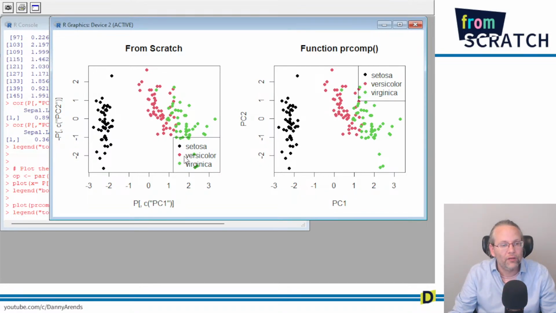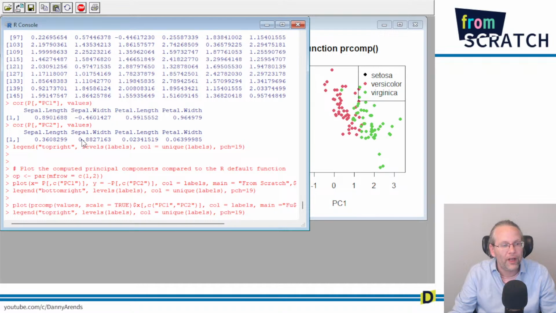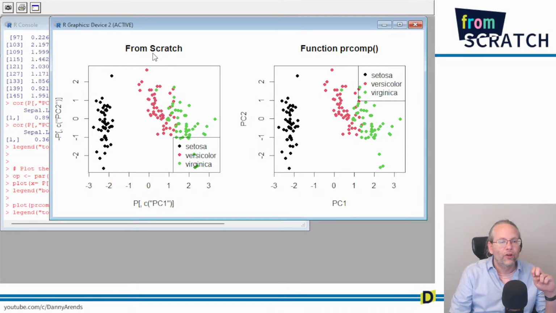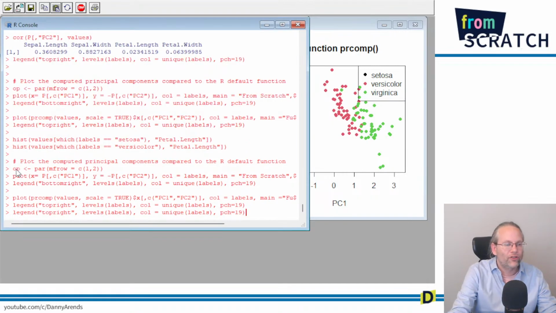Same thing if we look at the second principal component axis, which is the sepal width axis, because it's highly correlated to the sepal width. We would assume that if we look at the sepal width from setosa, there's more spread in the setosa sepal width than in the versicolor. So let's check that.